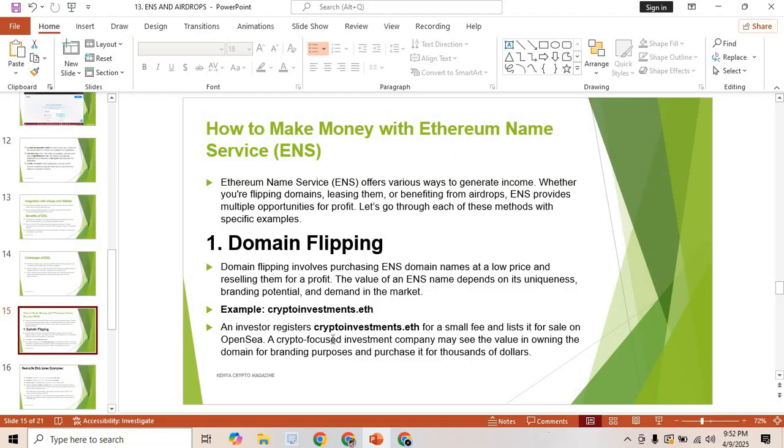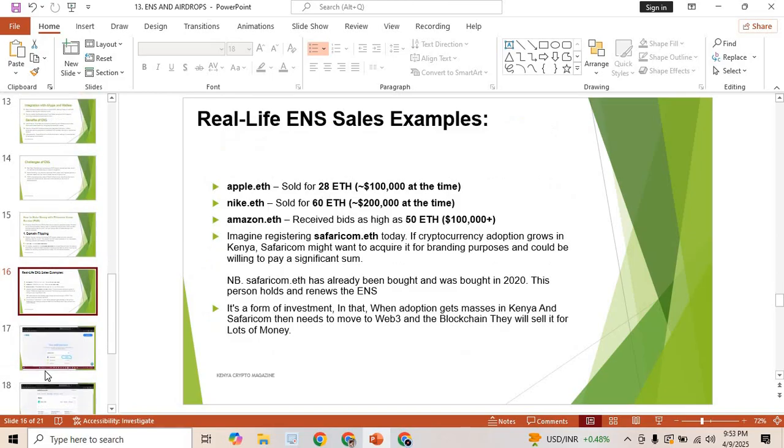A crypto-focused investment company may see the value in owning the domain for branding purposes and purchase it for thousands of dollars. Here's a real-life ENS sales example, which you can also Google. Someone registered apple.eth, and they sold it for 28 Ethereum. At that time I didn't add the years, I think I forgot.